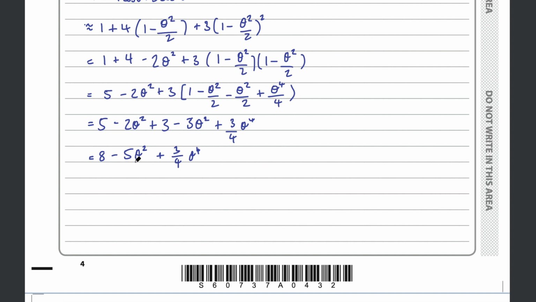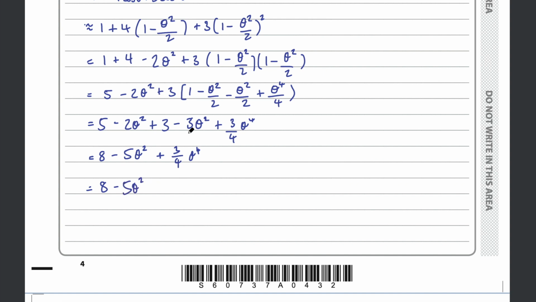If we were to add that theta squared or take that theta squared away from the answer, it still has an impact on the accuracy of our answer. Whereas theta to the power 4 really is not going to make any difference to our answer in the end. So we can actually say that this is equal to 8 take 5 theta squared.